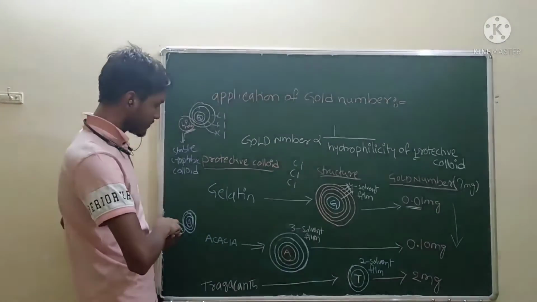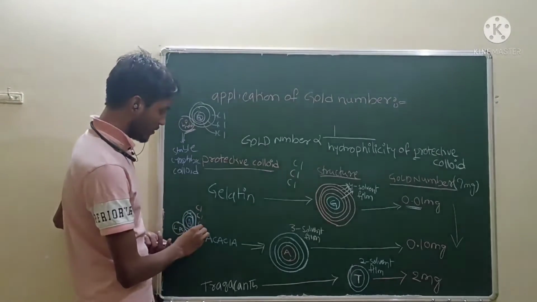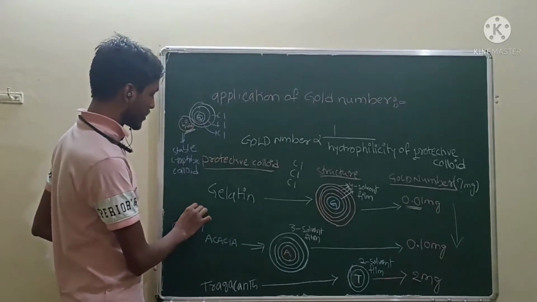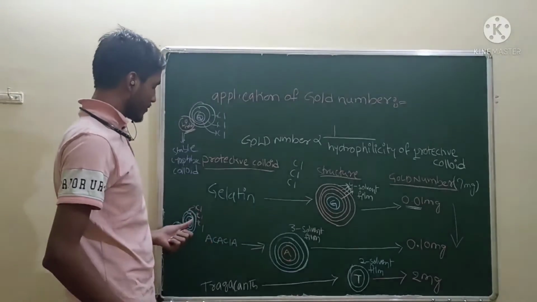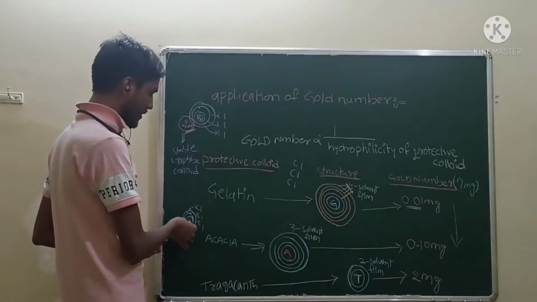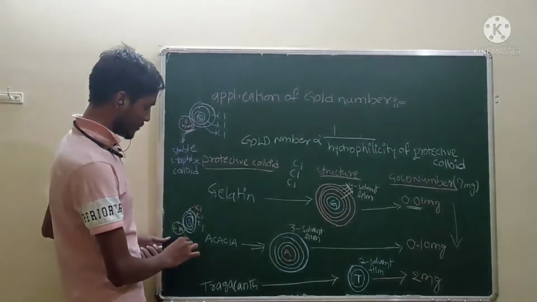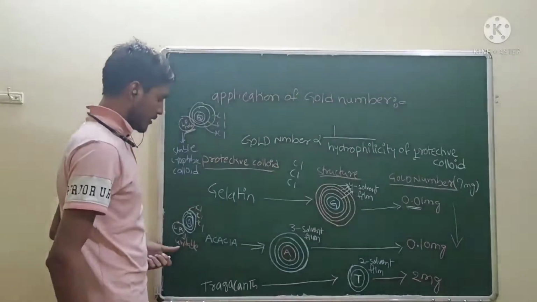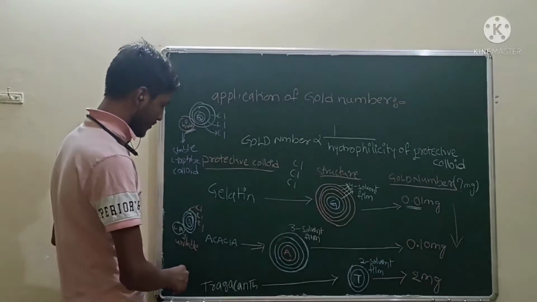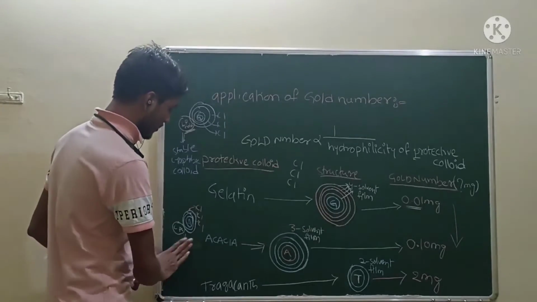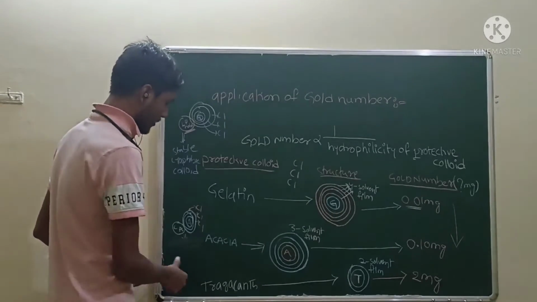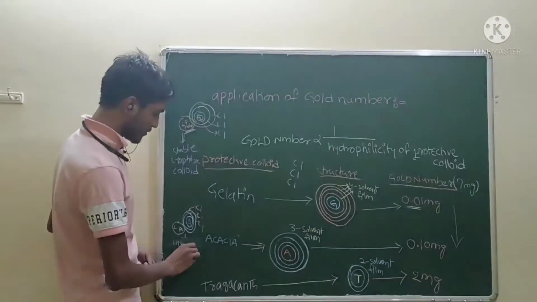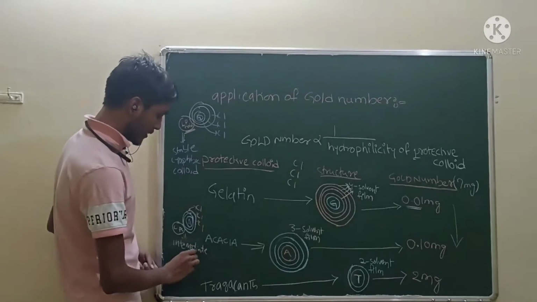When I have added three chlorides, all these three chlorides remove the solvent film from this, then immediately it is unstable. Not fully unstable, intermediate, is stable.